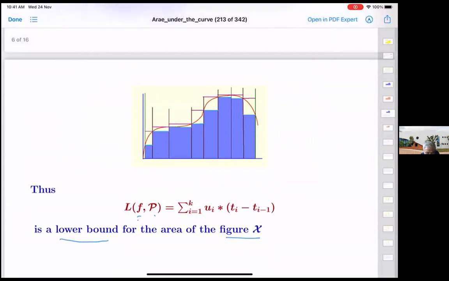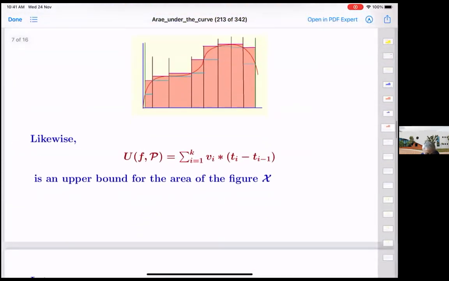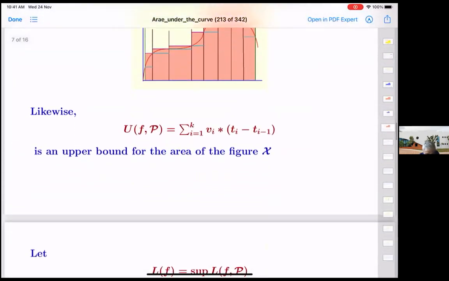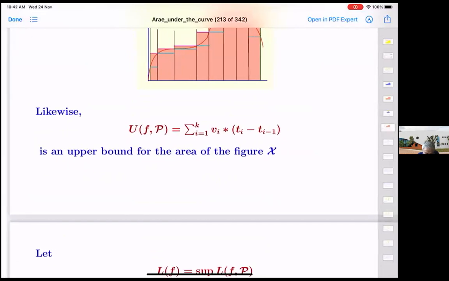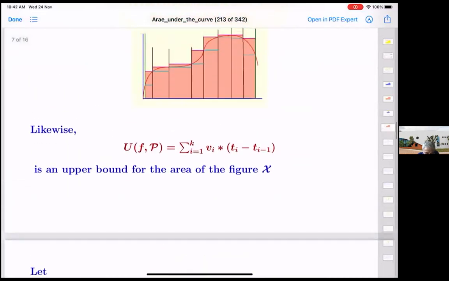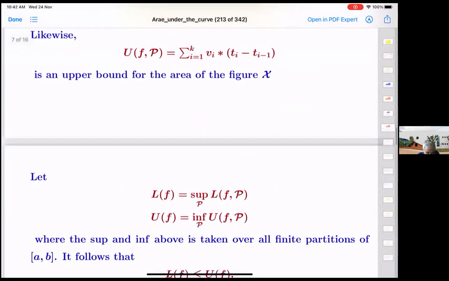And likewise, we have U(f,P), the upper bound. Now, we can define L(f) to be the supremum of the lower bounds and U(f) to be the infimum of the upper bounds.